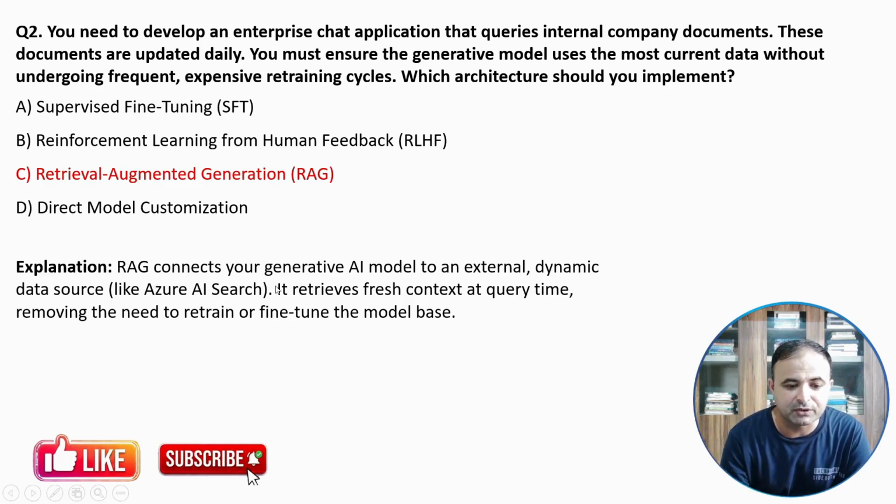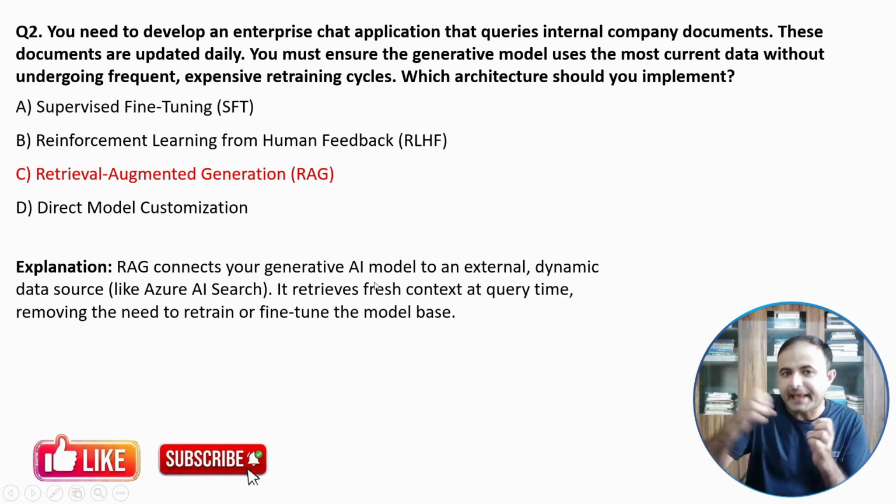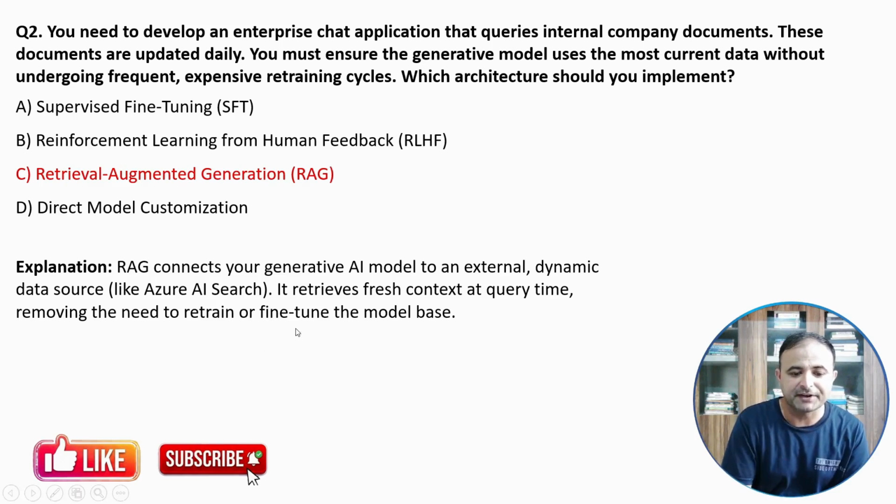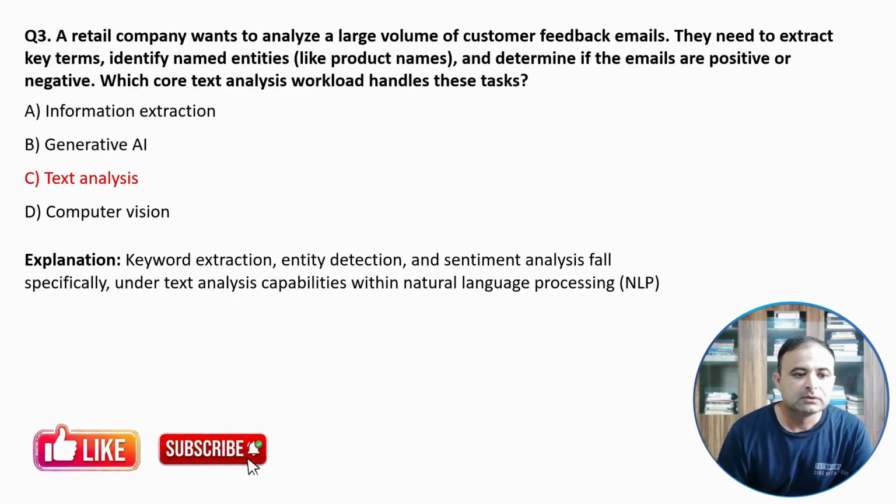RAG connects your generative AI model to an external dynamic data source like Azure AI Search. It retrieves fresh context at query time, whenever we write a query, removing the need to retrain or fine-tune the base model.